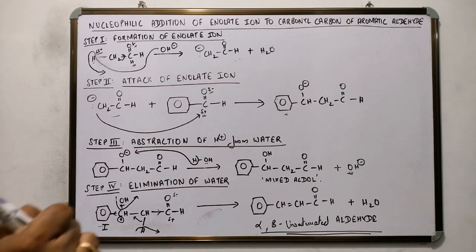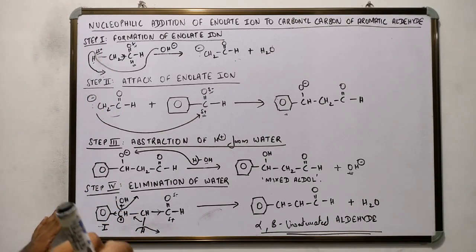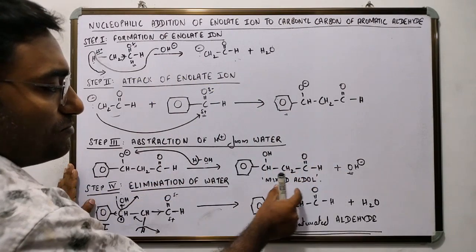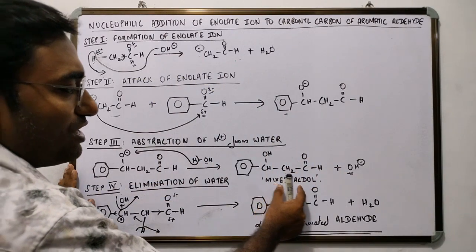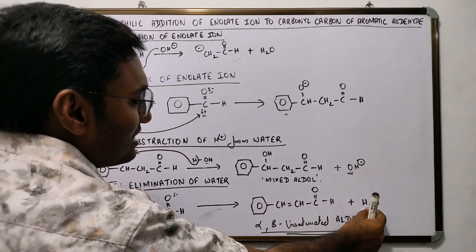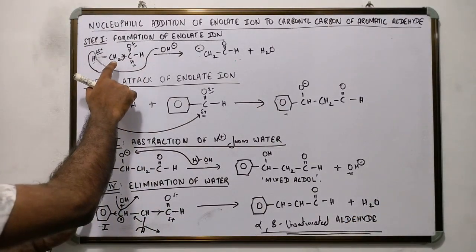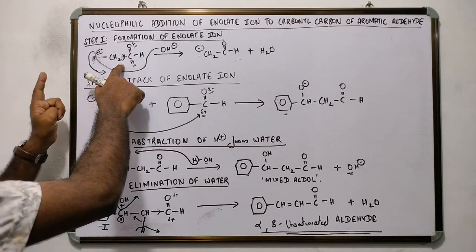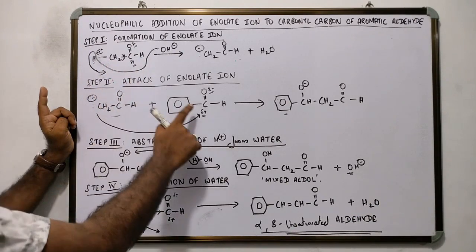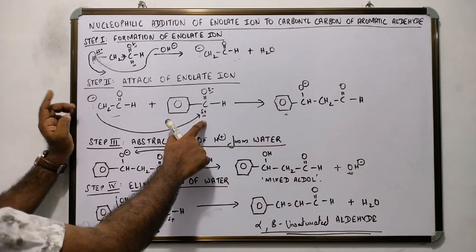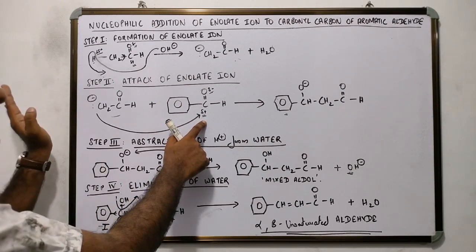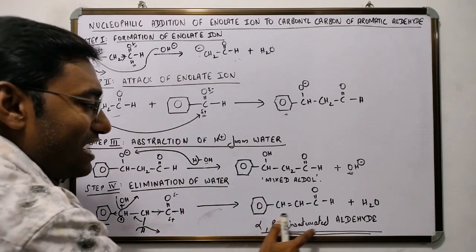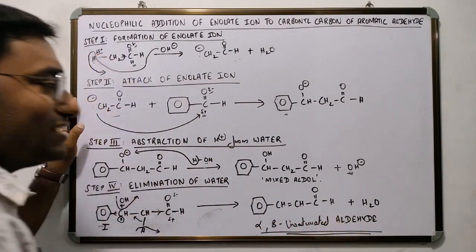Therefore, Claisen-Schmidt condensation is a base catalyzed mixed aldol condensation reaction between an aliphatic aldehyde that has at least one alpha hydrogen atom and an aromatic aldehyde that has no alpha hydrogen atom to yield an alpha beta unsaturated aldehyde.